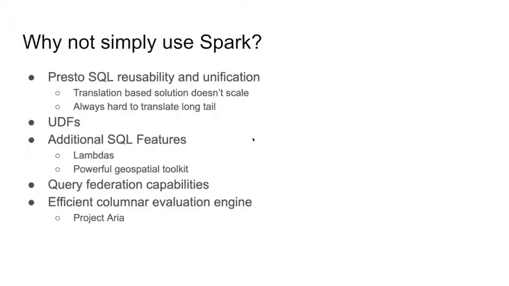Also, Presto has a very powerful geospatial toolkit. And in addition to that, Presto is a very powerful engine for query federation. Presto allows you not only to query HDFS or Hive, it allows you to join different query sources, like for example, MySQL or Cassandra or many other different sources.